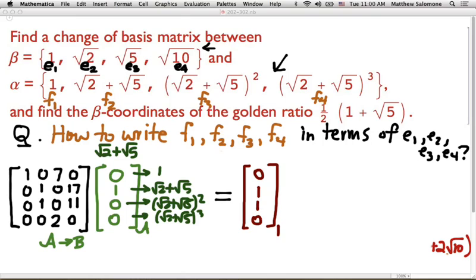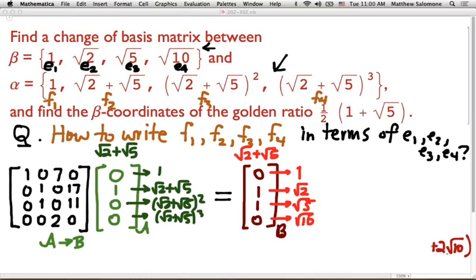And if these really are B coordinates, then when we impose our context on them once again, we have 0 times 1 plus 1 times square root of 2 plus 1 times square root of 5 plus 0 times square root of 10. And so we are indeed talking about the same thing, square root of 2 plus square root of 5, in both cases.